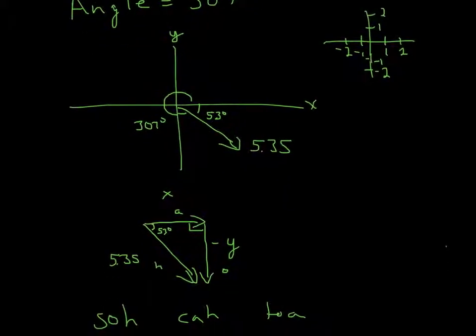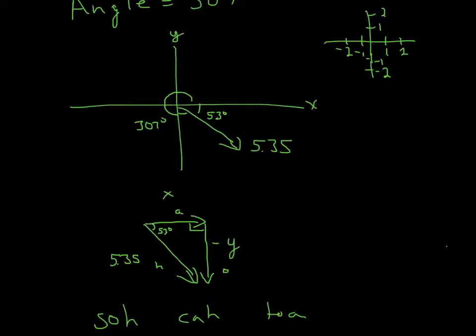I've drawn that triangle here, and let me explain. This one is the y component, because it's on the y-axis. All I did was bring this component over here. It comes from here, and I just shifted it to the right, and that gives us a right triangle. So now we can start doing trig.